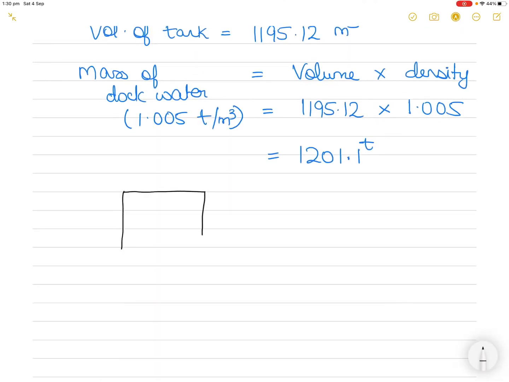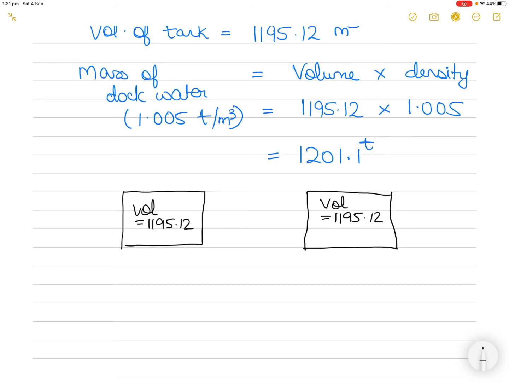Let's understand this very carefully. This is the same tank. The volume is 1195.12 in both cases. When I pump in seawater, the mass of seawater equaled 1225 tons.